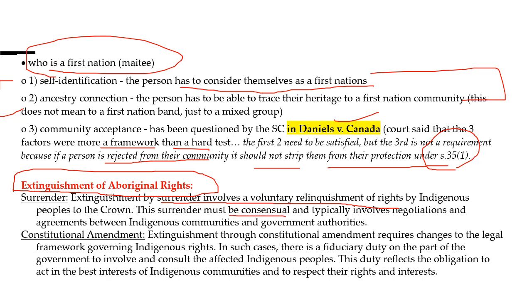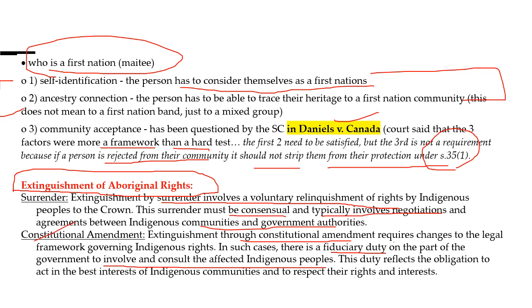This surrender must be consensual, typically involving negotiation and agreement, like we say treaties between an indigenous community and a government authority. Second is constitutional amendment. Extinguishment through constitutional amendment requires changes to the legal framework that governs this aboriginal right.